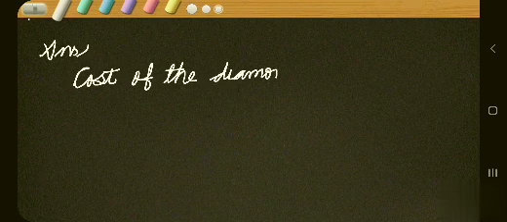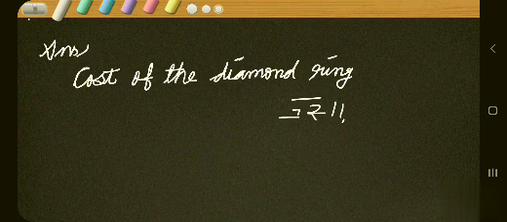First step is cost of the diamond ring. What is it? Rupees 11 lakh 47,315. Yes. Next.